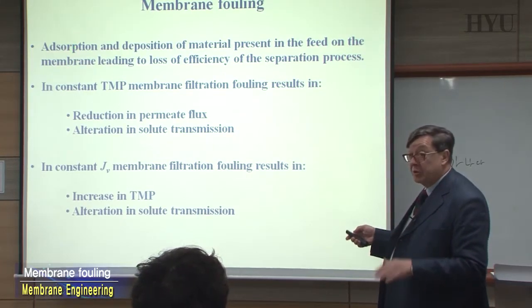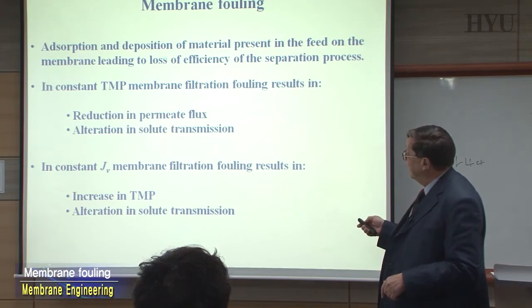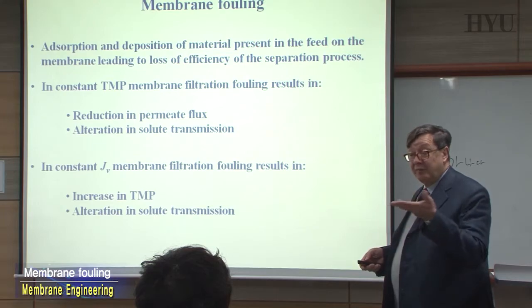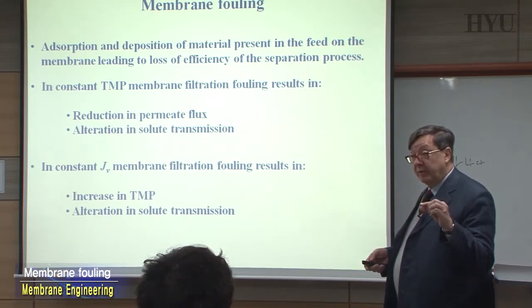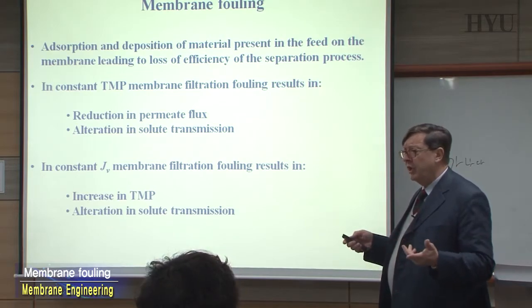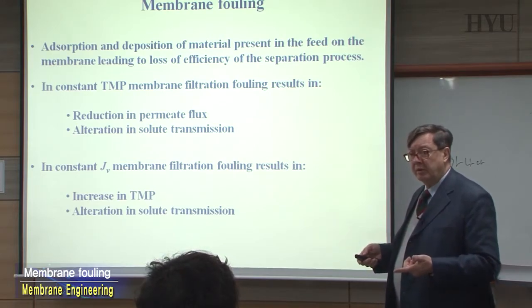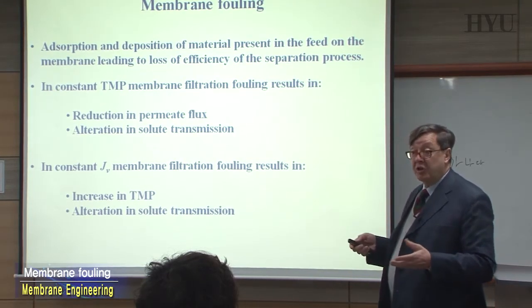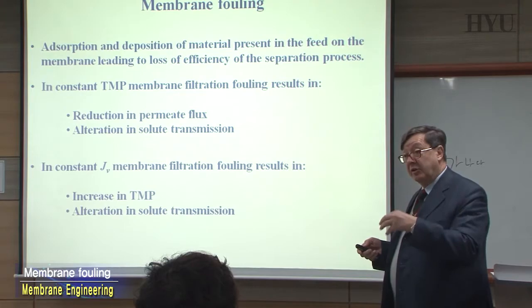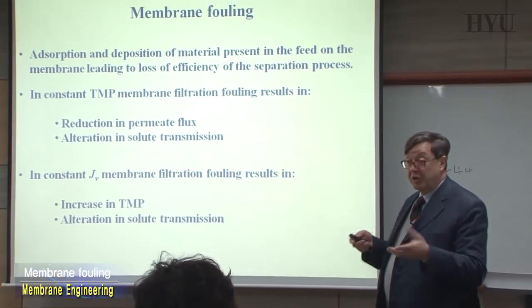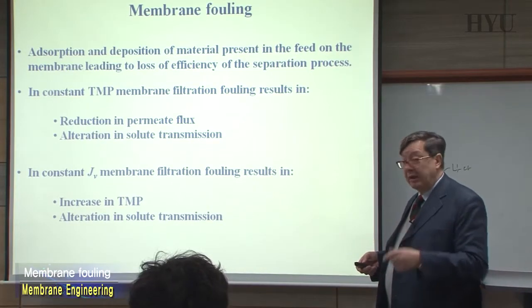It can be just adsorption or just deposition, and that is giving some problem. You are increasing, for example, the thickness of the membranes, so you are increasing resistance to the mass transfer. You can change the behaviors of your membranes. The membranes can have some ion exchange effect. With some adsorption, you can neutralize the ion exchange effect. So you change the chemical behavior, etc.